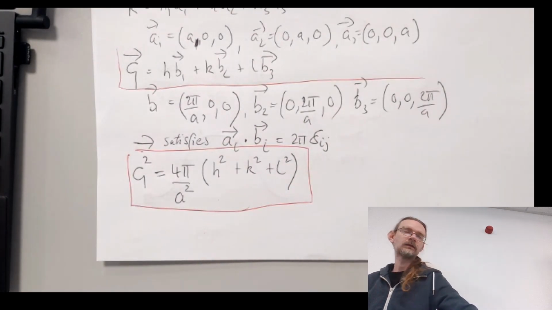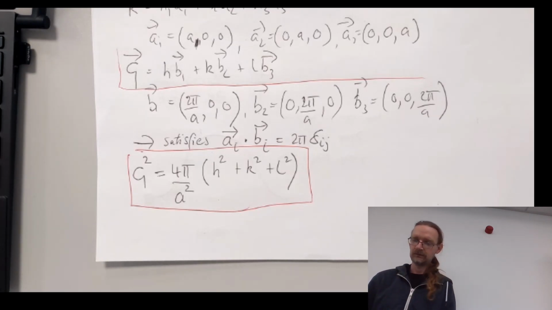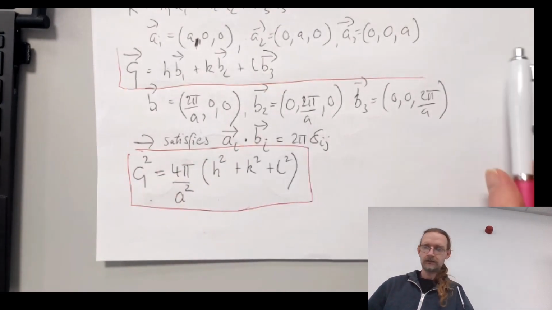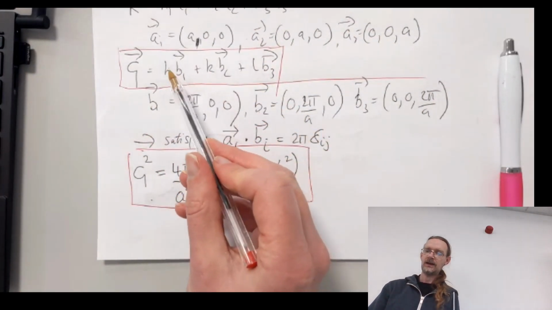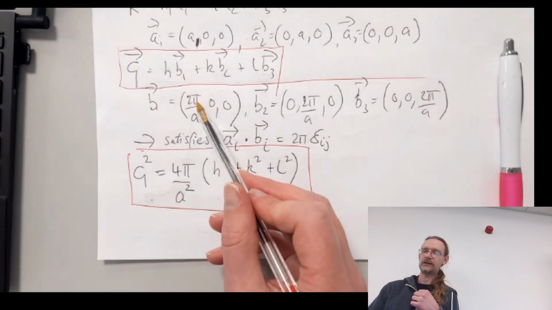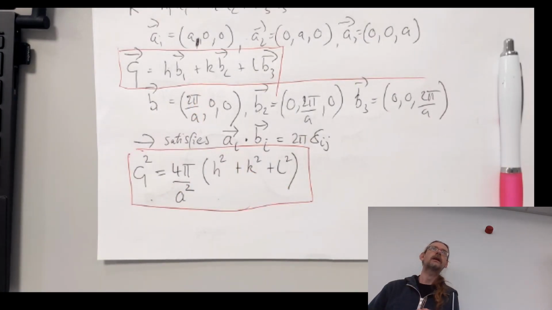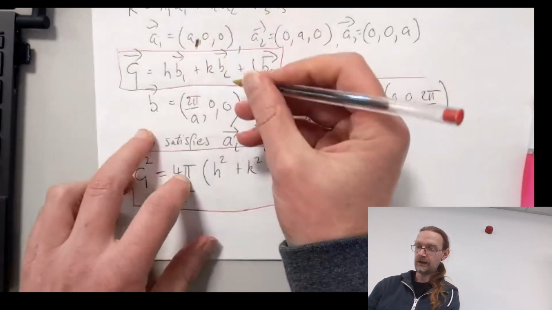That's the squared length of G. When I dot G with itself, I get h squared lots of the square length of b1, and the length of b1 is 2 pi upon a, so I get 4 pi squared. Yep. They're integers, sorry. Yes, this is very important.